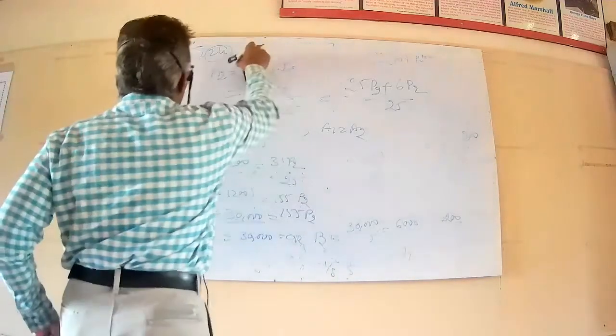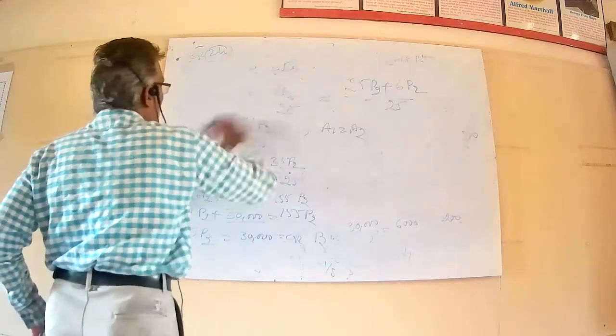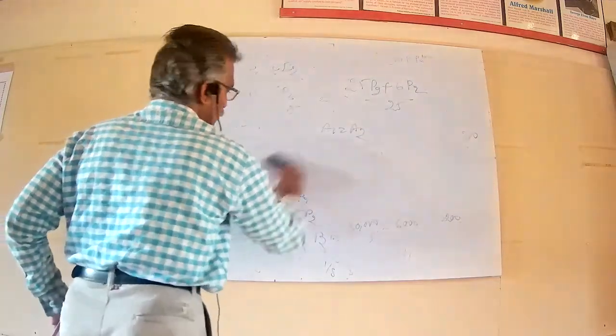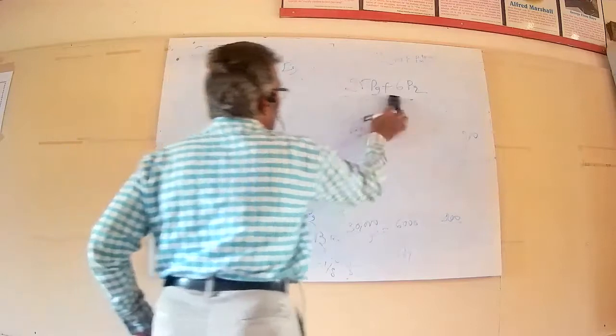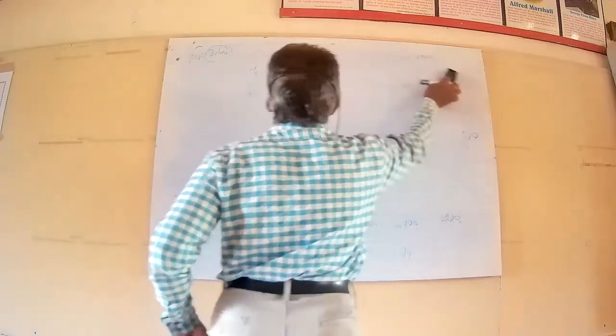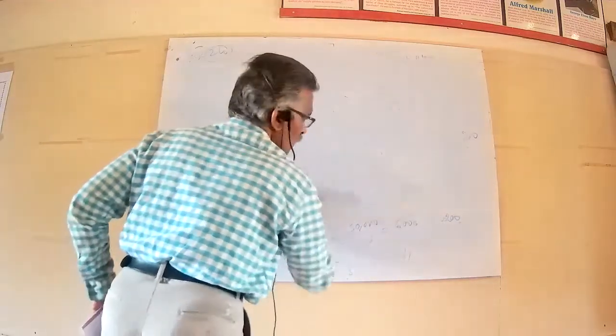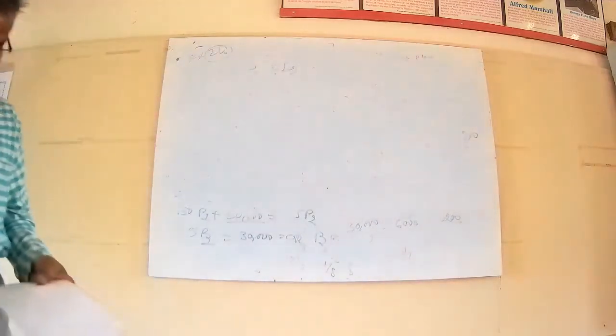What did we consider? Suppose P2 equal to the smaller sum, because the difference is 200. So the other is 200 more. So 6,000 and 6,200 are the two sums.